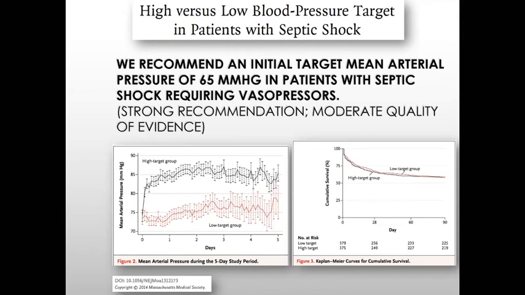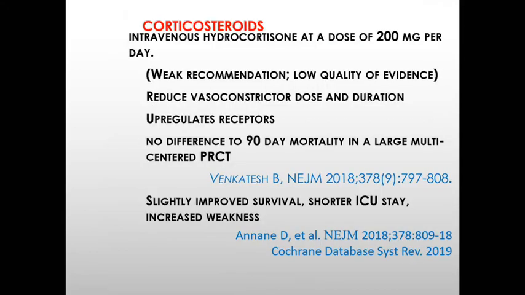So for everybody, we titrate our vasopressor to maintain a pressure of 65, and you don't want to go more than that. You want to give as little vasopressor as you need to.